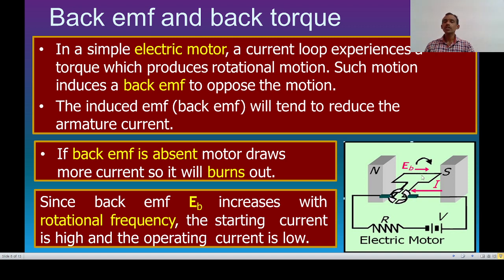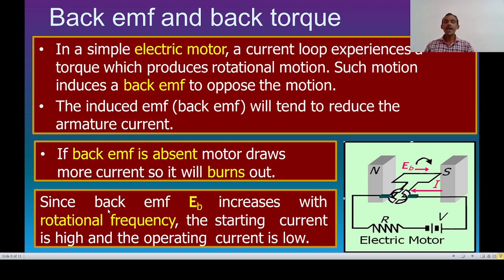As the motion increases, or the speed of the motor increases, the back EMF will increase, and due to this back EMF, the current of the armature winding goes on decreasing.